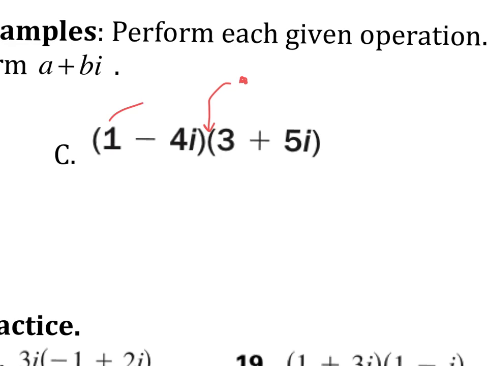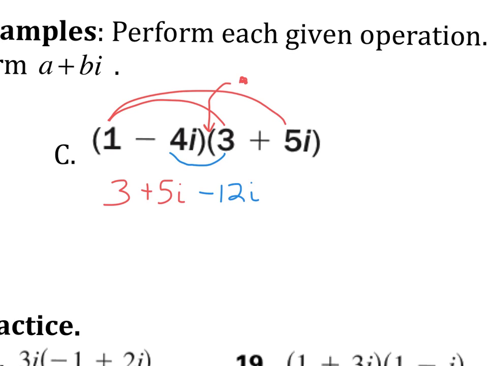So we are going to say 1 times 3 is 3. 1 times 5i is 5i. Negative 4i times 3 is negative 12i. And lastly, negative 4i times 5i is negative 20i squared.